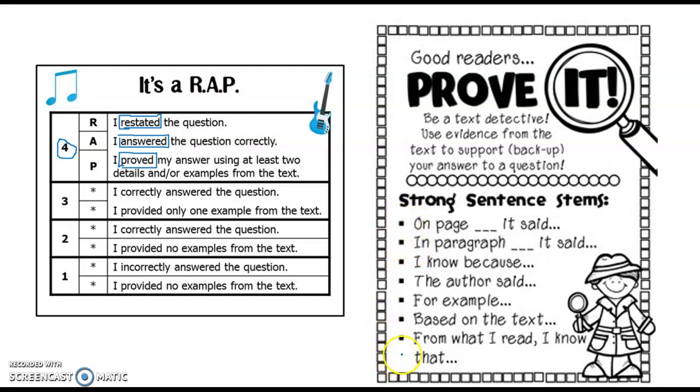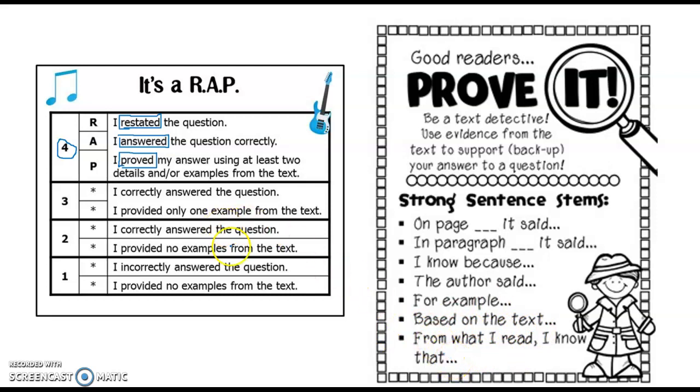You might have other ones that you like to use, but you might say, on page 32, it said, or in paragraph 3, it said. You might say, I know because the author said, for example, based on the text, from what I read, I know that.